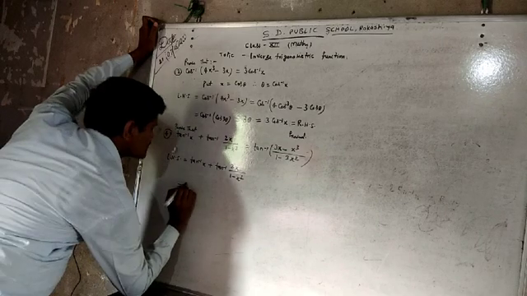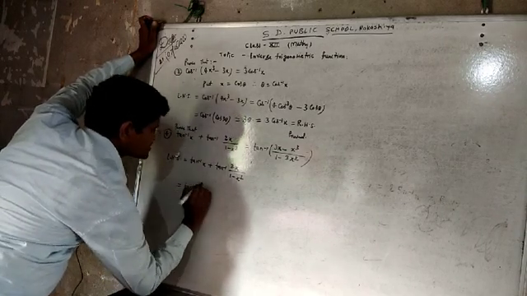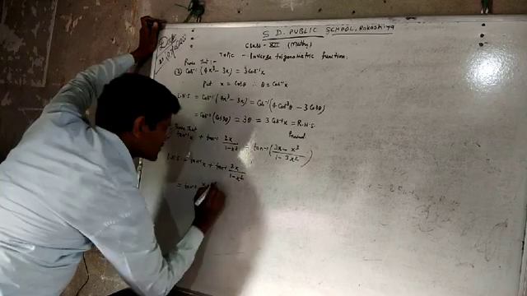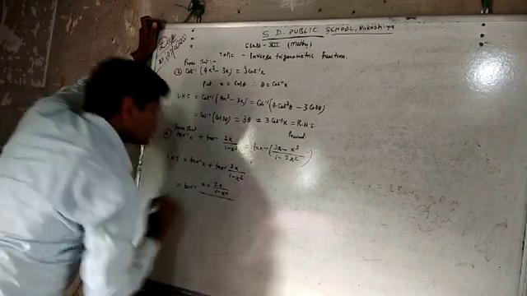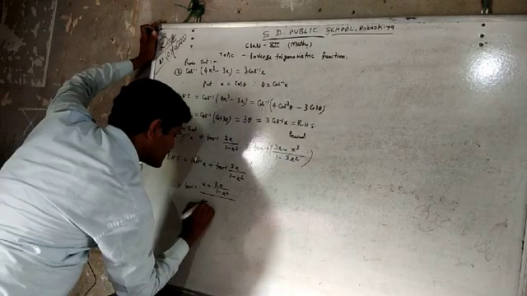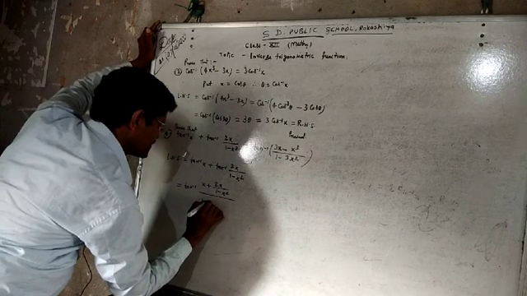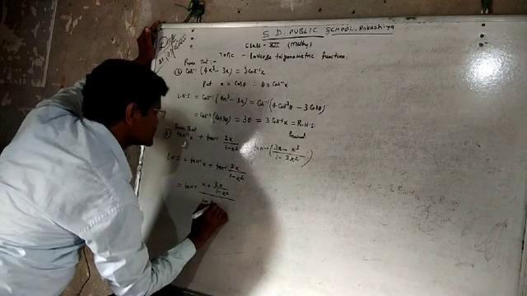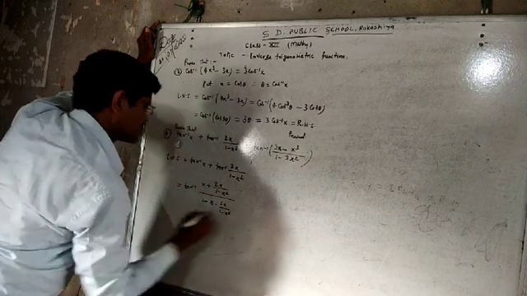By the formula, it is tan inverse of (x plus 2x upon 1 minus x square) upon (1 minus x into 2x by 1 minus x square).